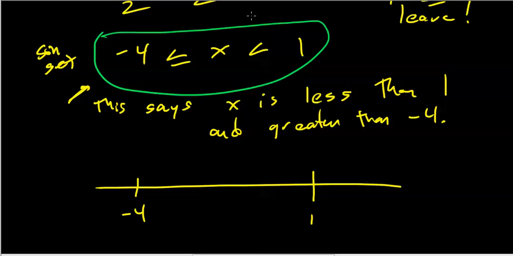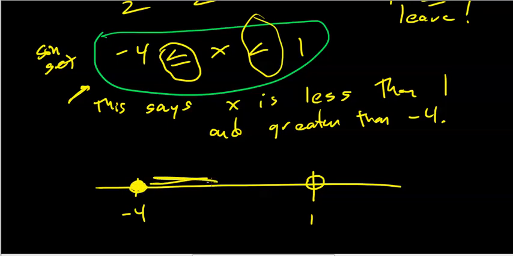Notice, this inequality symbol here is a strict inequality. Open circle at 1 indicating the boundary value of 1 is not included in my set. This inequality here contains equality, so this circle is going to be closed in. And basically I shade in all real numbers between 1 and minus 4. Okay?